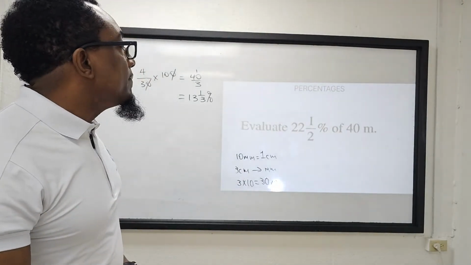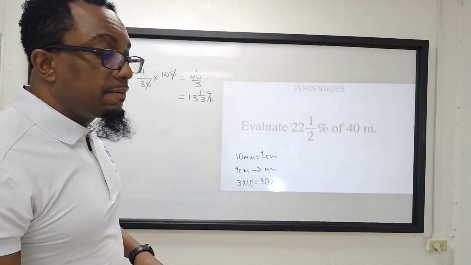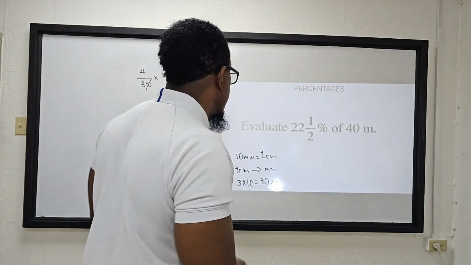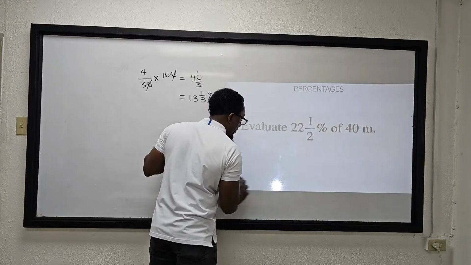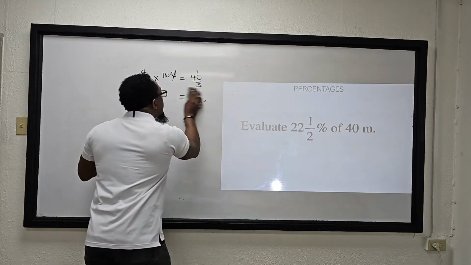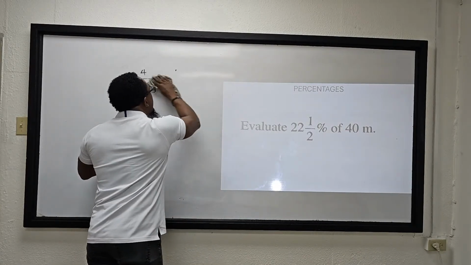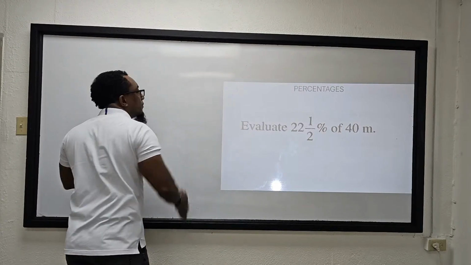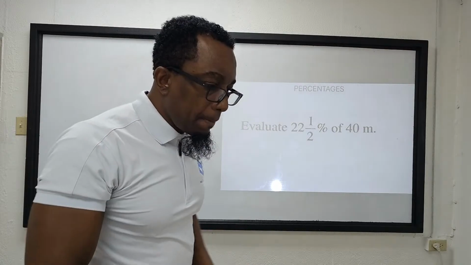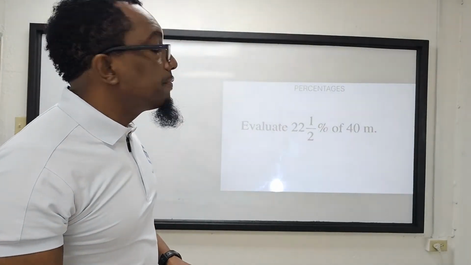Let's look at: evaluate 22.5% of 40 meters. Twenty-two and a half percent of 40 meters.